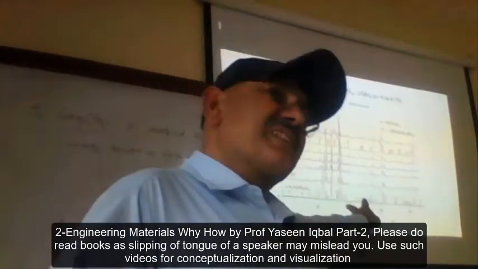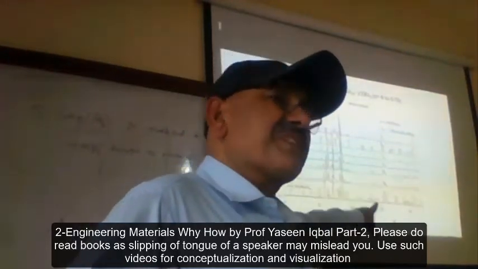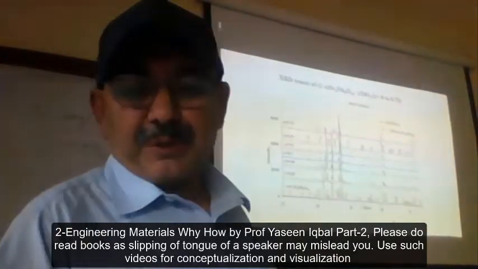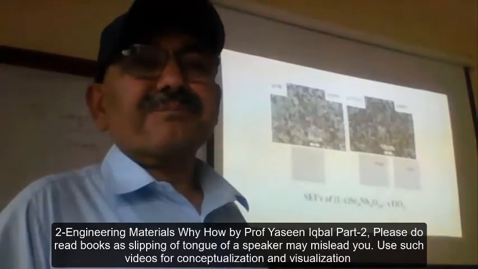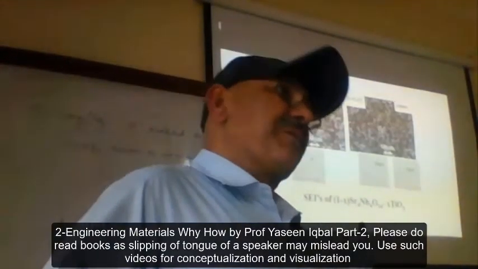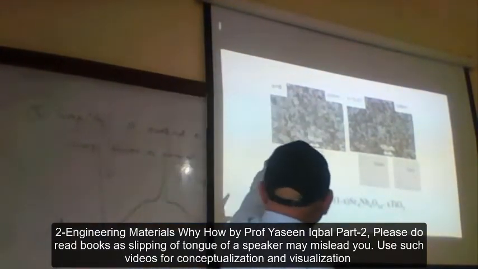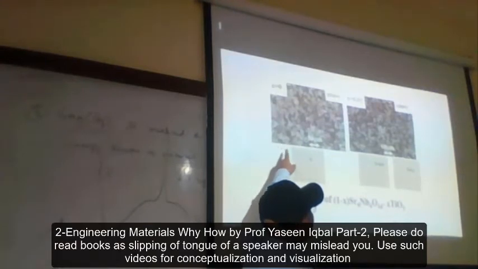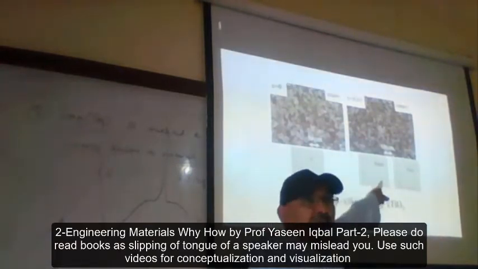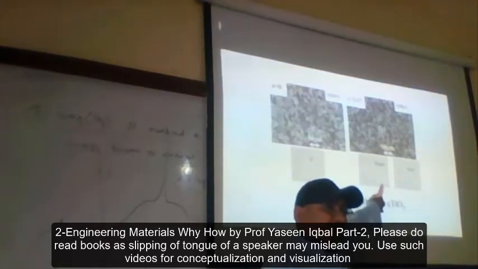Now, if I see that two phases are forming inside the material, the microstructure should also be different from that. If I am seeing single phase material here, I am seeing two types of contrast there.